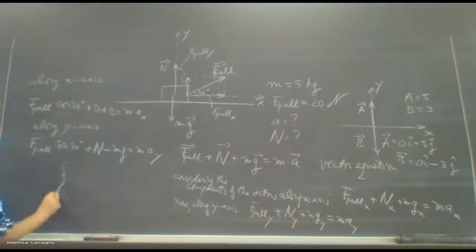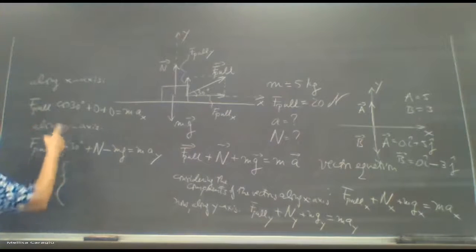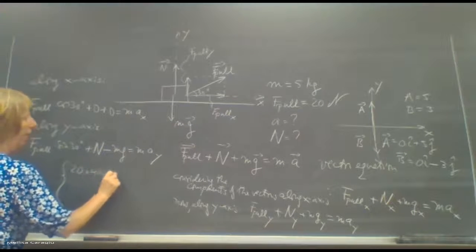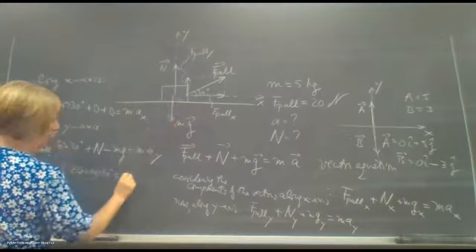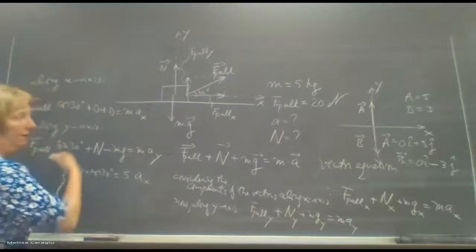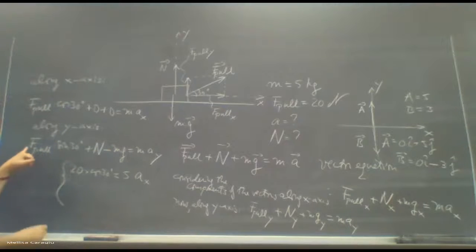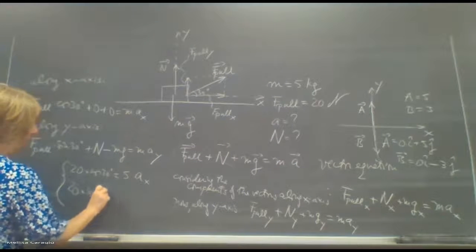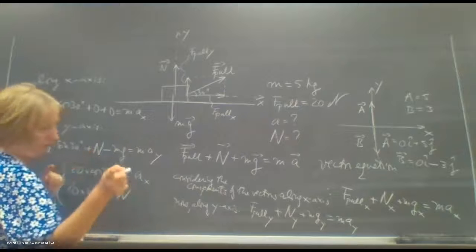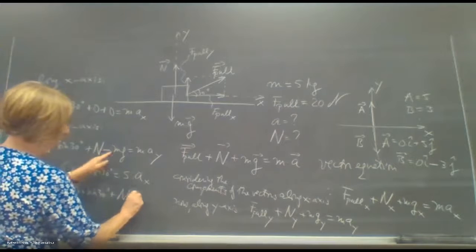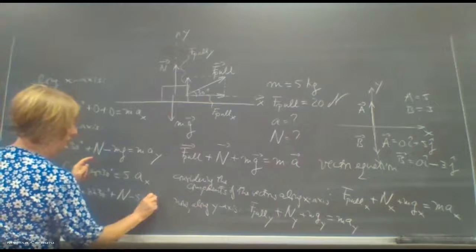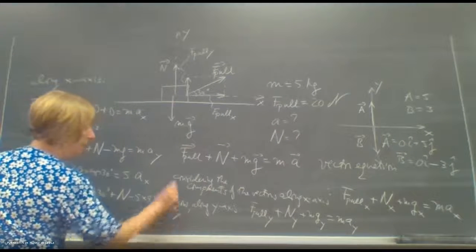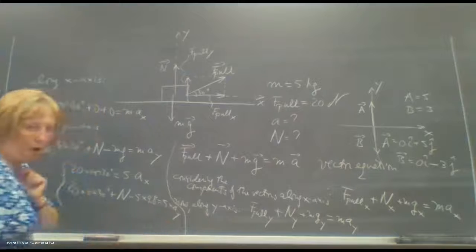So cleaning up, I have F pull, which is 20 newtons, right? So 20 cosine 30 equals the mass of the object, which is 5 kilograms, times its acceleration along x. And this other equation is F pull, which is 20 sine 30, plus the normal force, which we don't know how much it is, minus the mass times g, which is 9.8, equals mass times acceleration along y, right?